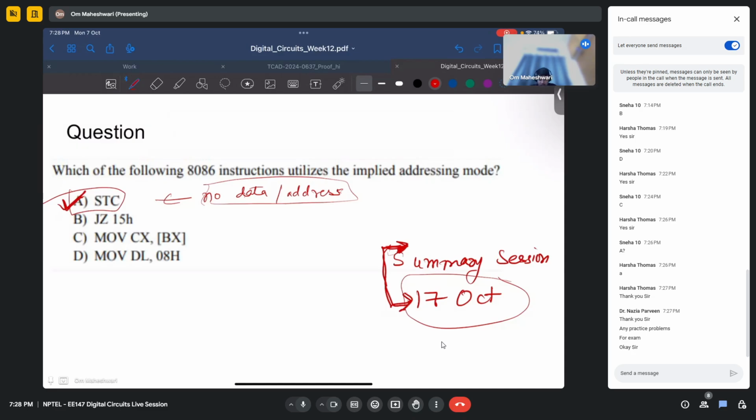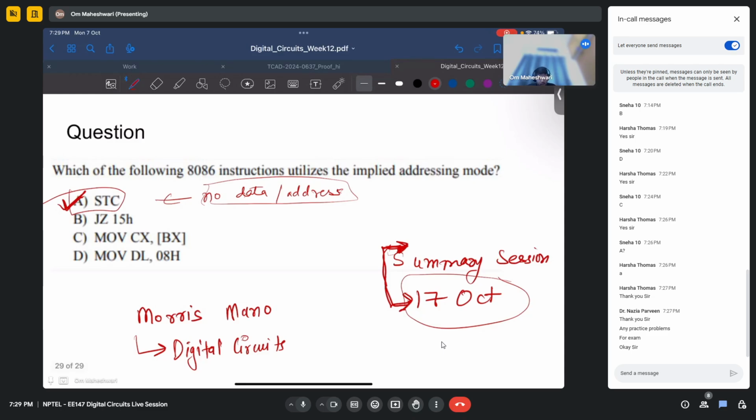There is a book, I think, by the author Morris Mano, some digital circuits book. You can refer to that if you want to practice more. As for this NPTEL exam itself, the assignments that are given to you as well as what I have given you are more than enough.